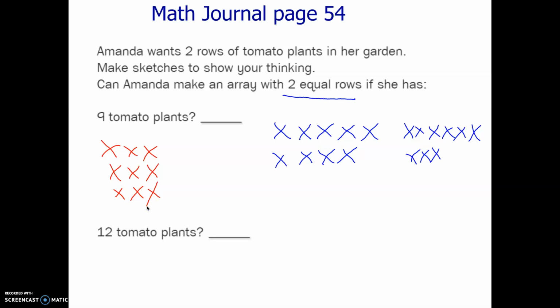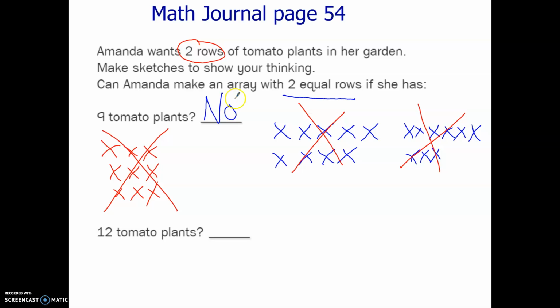Oh, but I have to have 2 rows, and I have 3. So that's not going to work, and this is not going to work, and this is not going to work. So that's leading me to think, can I make 2 equal rows with 9 tomato plants? No, I can't. Let's go down to the next problem.